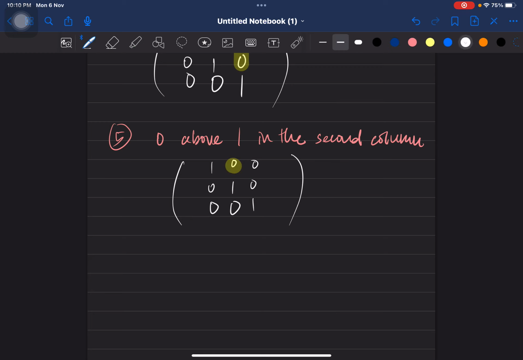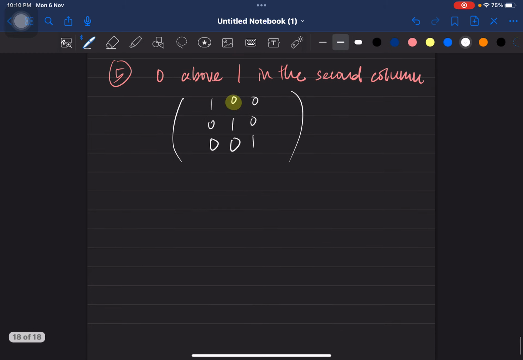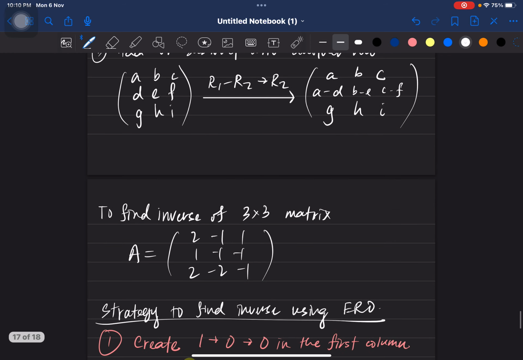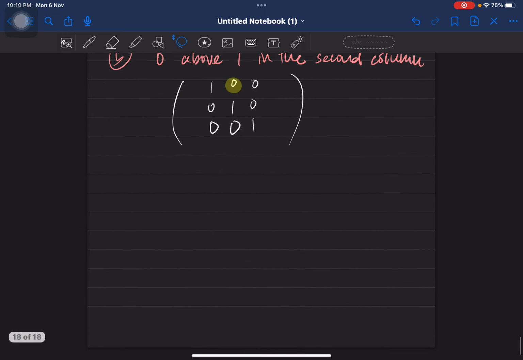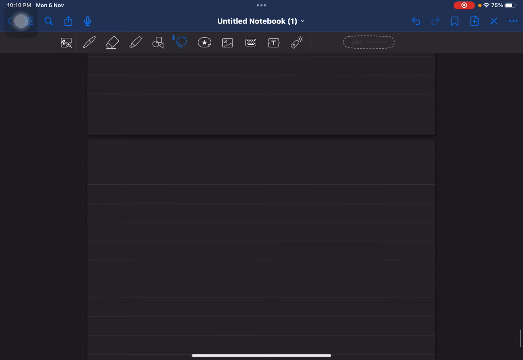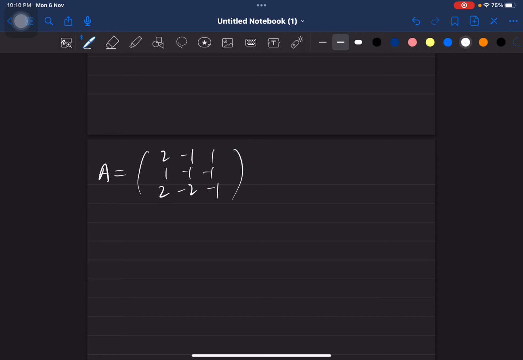We look at one example here. Look at example 3.7, which is basically this. So how we find it is very simple.